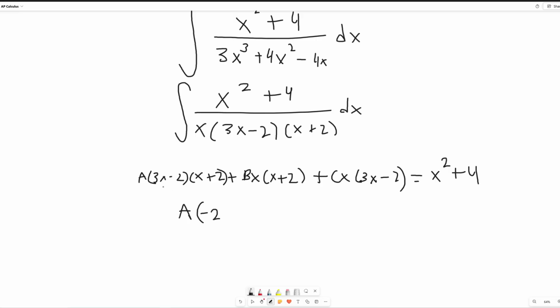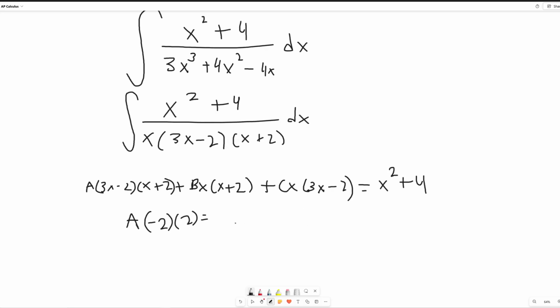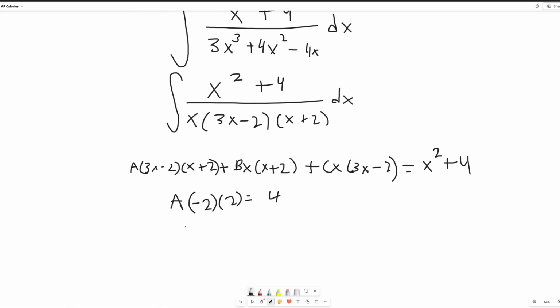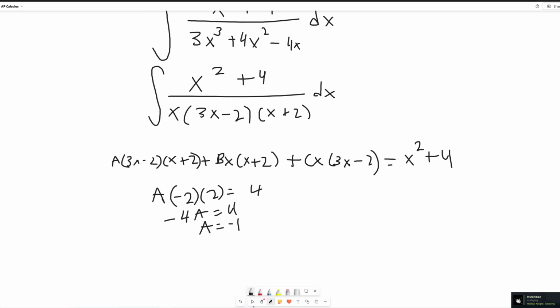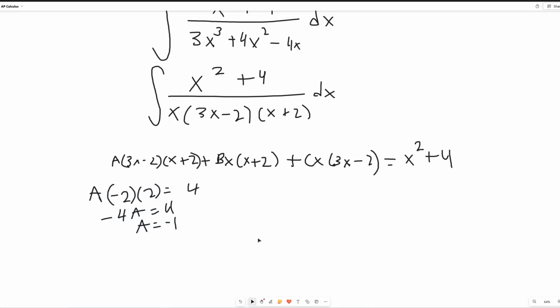Anyways, times 0 plus 2, which is 2. Okay, 0 crosses this out, 0 crosses this out. 0 into here is 0, so this equals 4. So negative 4a equals 4, and then a equals negative 1. Right. Let's put that value to the side.